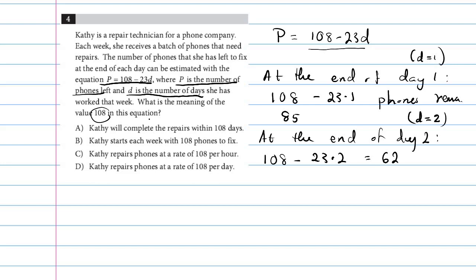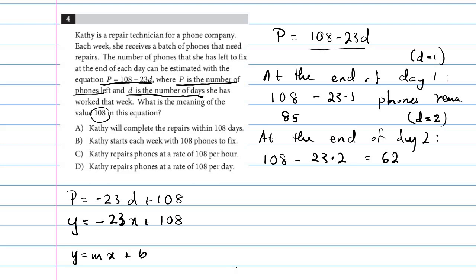The meaning here is this: P equals negative 23D plus 108. This is something quite familiar to you, I guess. It's like negative 23x plus 108, something like y equals mx plus b, right?